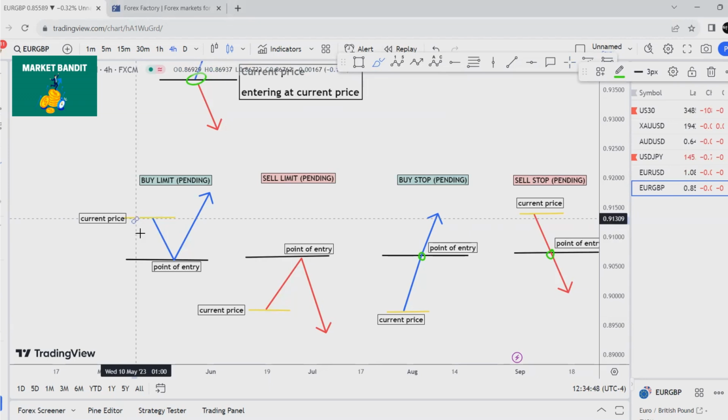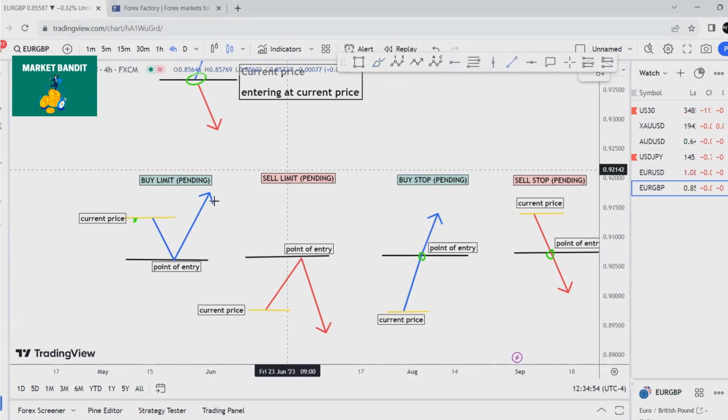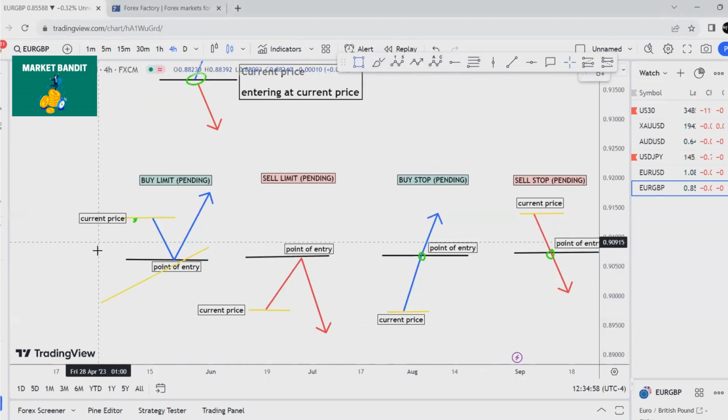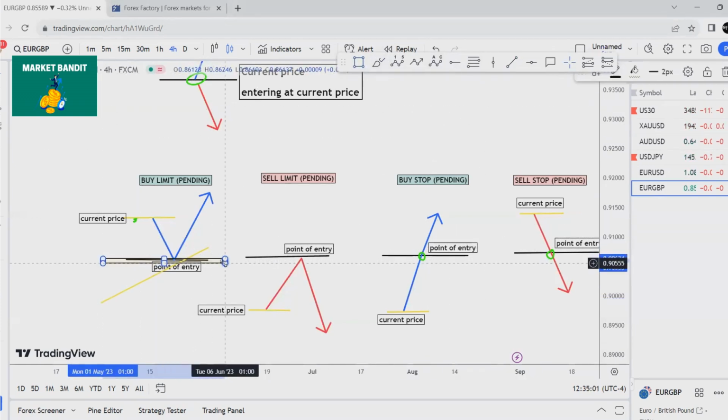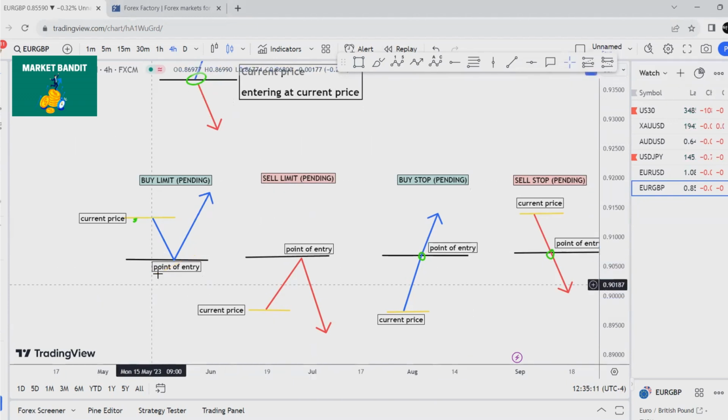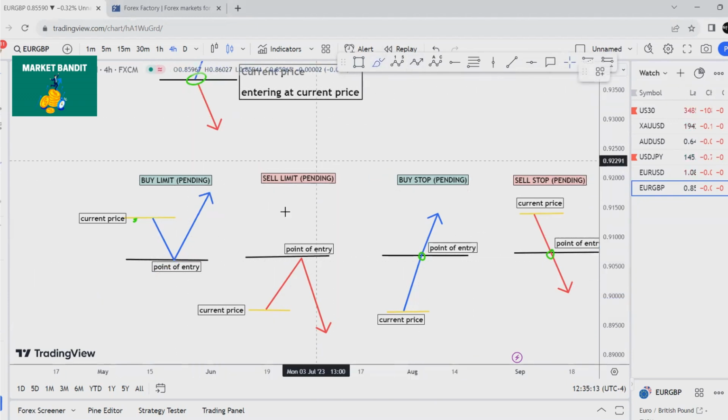I want the market to correct and hit a certain price point. Maybe I can have a trend line here mixed with support resistance, so I want price to hit that level of confluence. And when price hits that level of confluence, based on my technical analysis, I expect price to increase in value, right? So that is a buy limit.